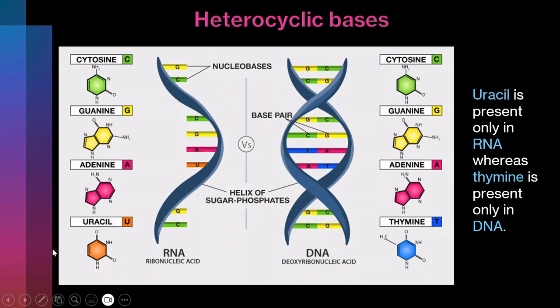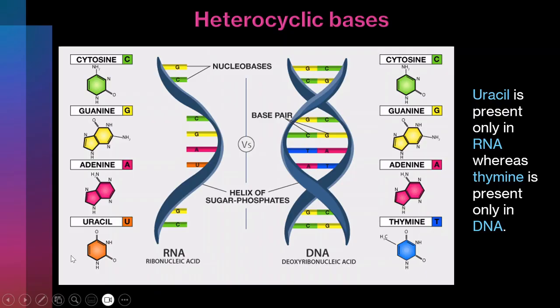So here, if we look carefully, uracil is present only in RNA, whereas in DNA, only thymine is present. No uracil. So that is very important.